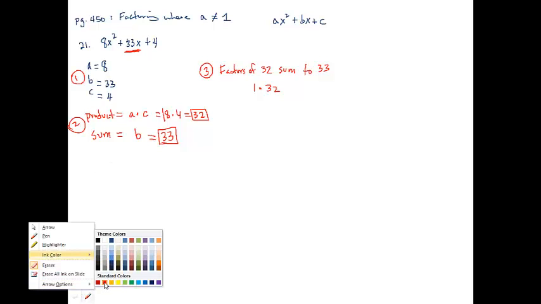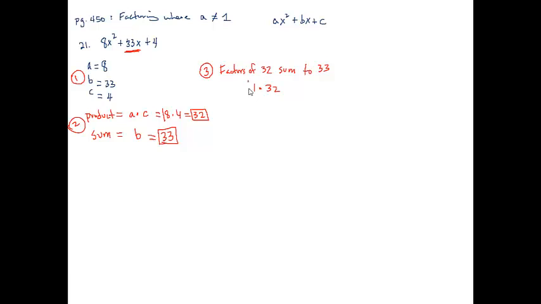All right, now you're going to take these factors and replace the middle term with them. So instead of writing 33x, you're going to write 1x plus 32x, and it becomes 8x squared plus 1x plus 32x plus 4.